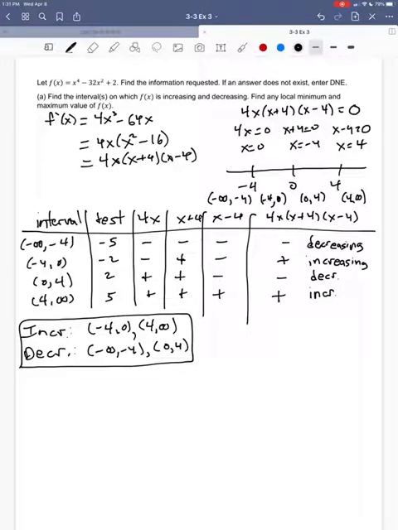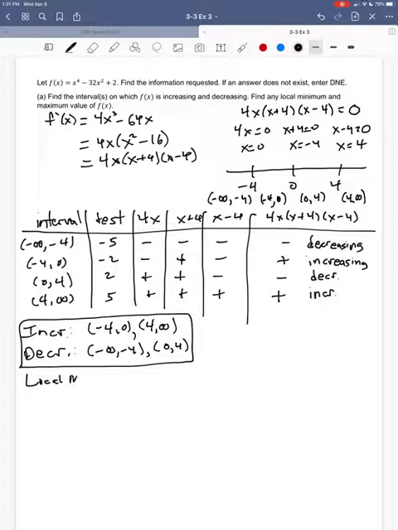What we need to do then, we're supposed to find any local minimum or maximum values. So for local minimum or local maximum, remember then for local minimum, let me make that a little nicer. It's sort of hard over here on this side.